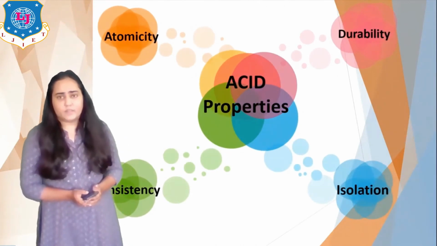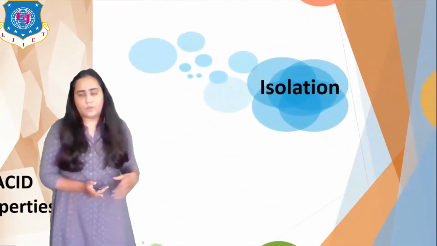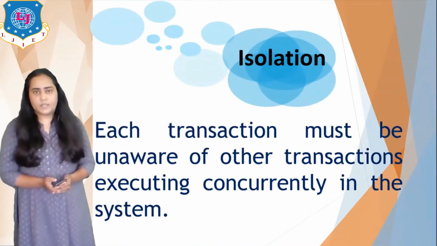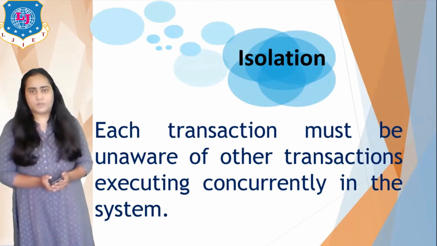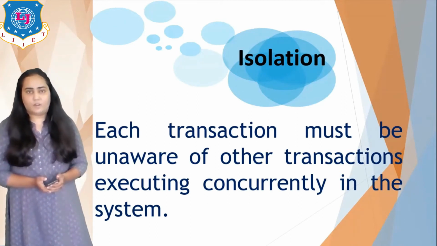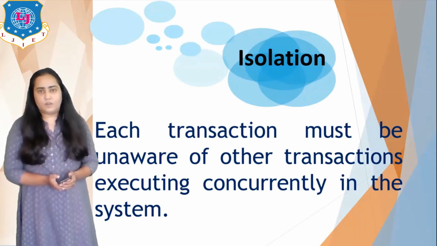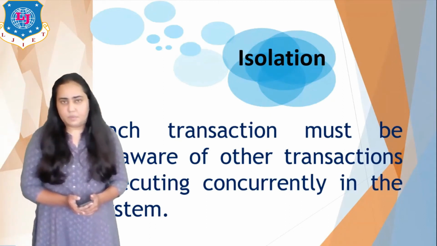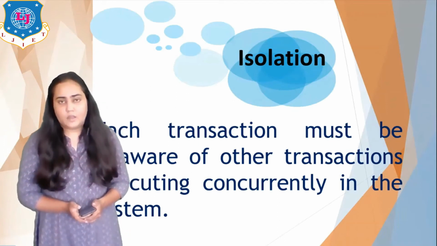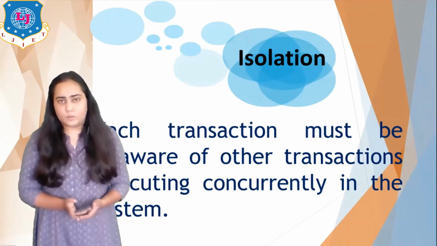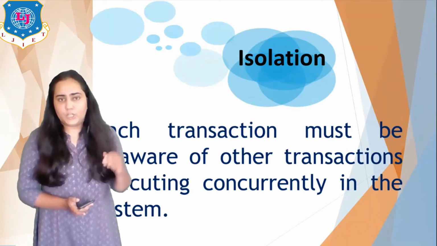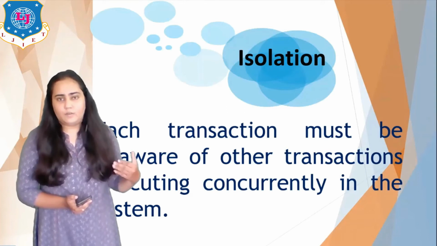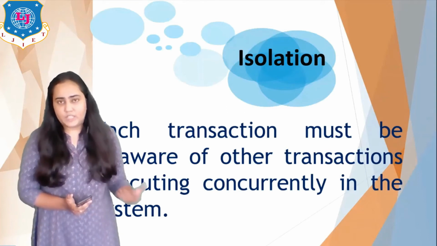Now let's take a look at the next property of transactions, which is called isolation. So isolation is where each transaction in the system is unaware of another transaction occurring concurrently. Now, obviously, transactions are not human beings, and so they do not have the quality of either being aware or not aware. But what I mean is, when you are doing a transaction, it could be in your banking system, or it could be any type of transaction, maybe booking of tickets.